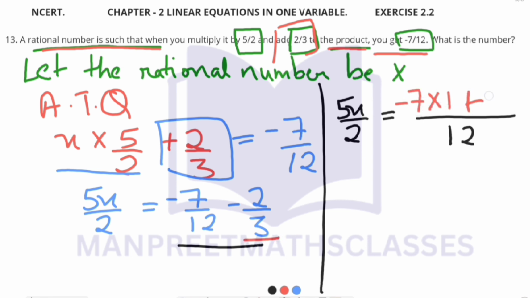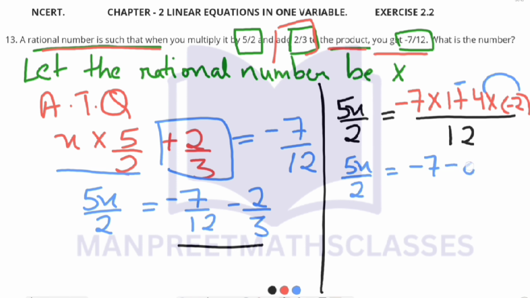Plus, by 3, 12 will go 4 times, so 4 into minus 2. So 5x upon 2 is equal to minus 7. Now 4 2s are 8, but this is minus 8 and here we are having plus, so plus minus plus will become minus 8 upon 12. Now 5x upon 2 is equal to, we'll add them as minus minus is plus, so 7 plus 8 is 15, but we'll write it with the minus sign upon 12.